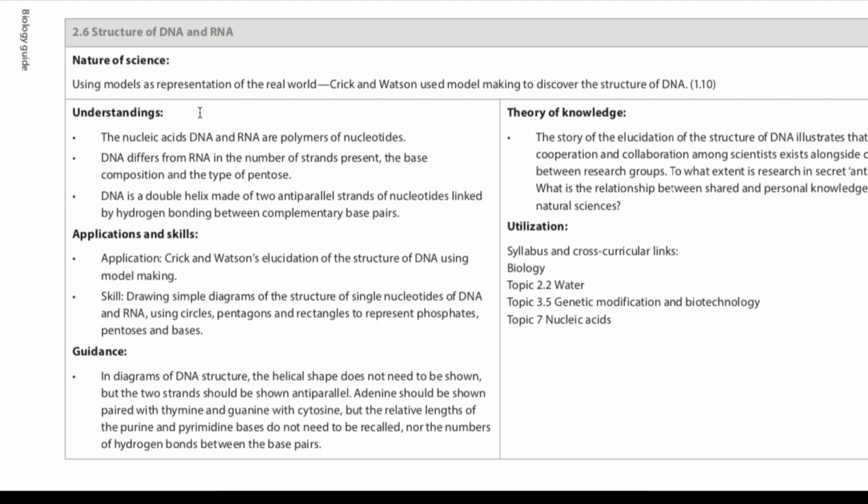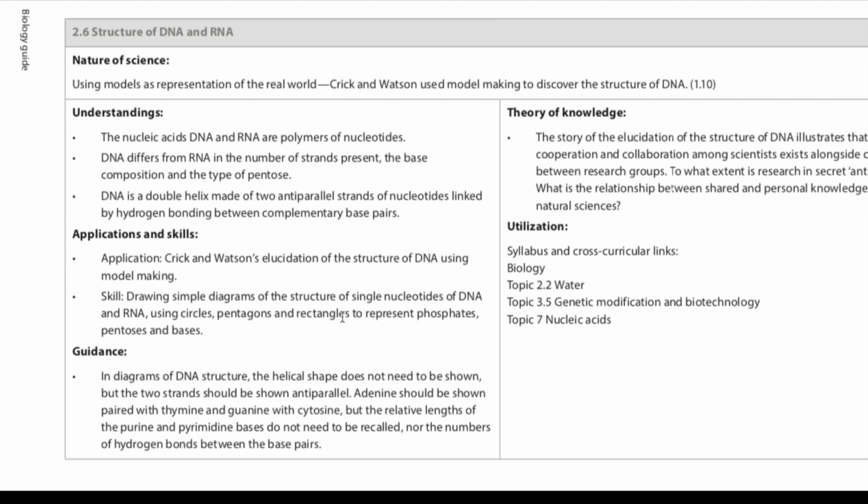So all of this is what we covered in this morning's discussion. In addition to that, you were required to do some drawings of the simple structure of a nucleotide using circles to represent what? Phosphate. Pentagons to represent either DNA, deoxyribose sugar, or RNA, the ribose sugar.